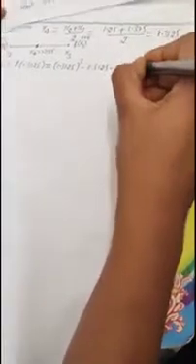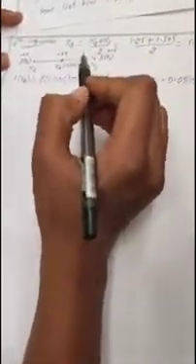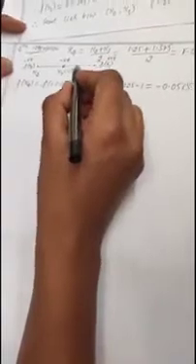I'm writing directly: f of x4 is minus 0.0515. Here f of x4 is negative, so the root lies between x4 and x3. One thing you should remember is that the roots always lie between values of opposite sign.